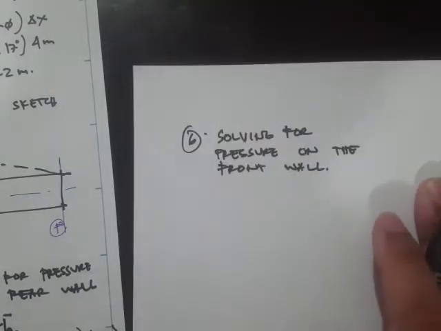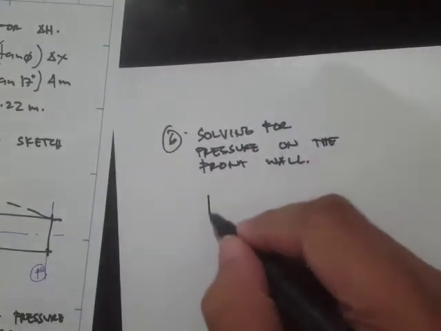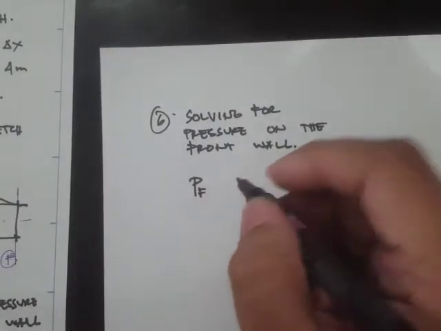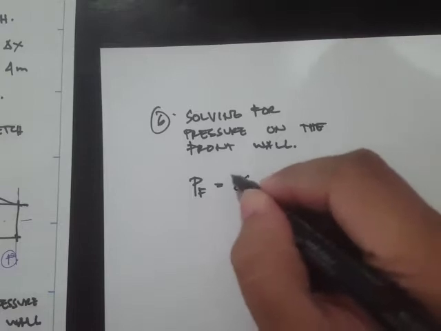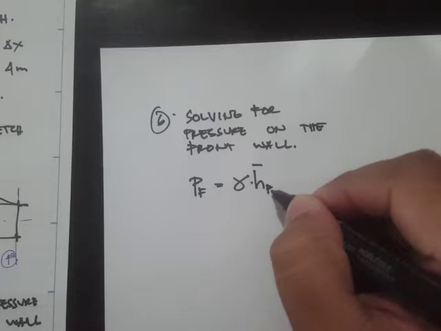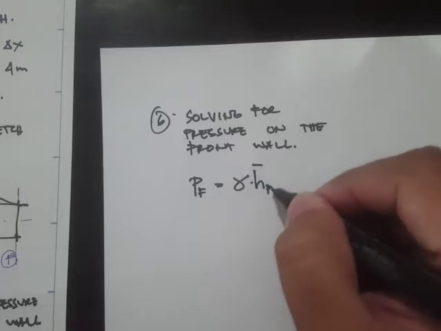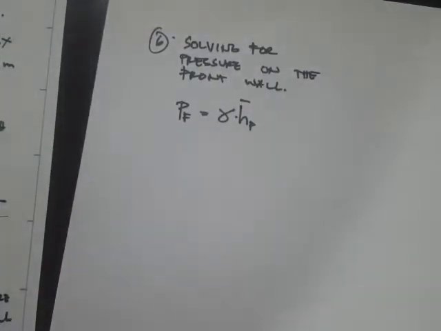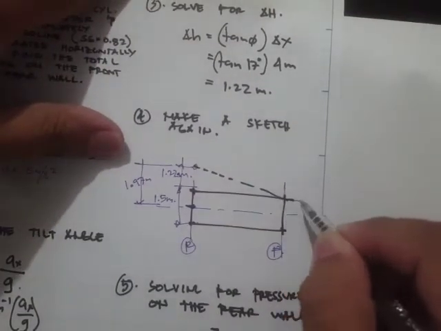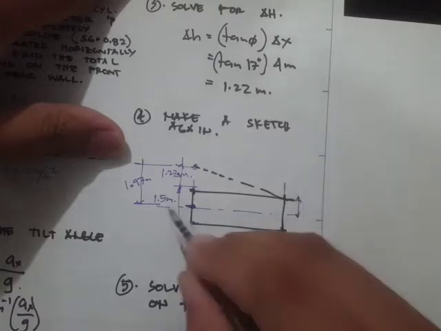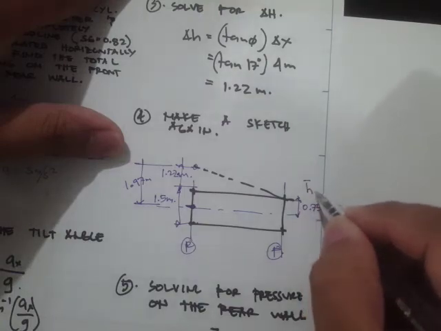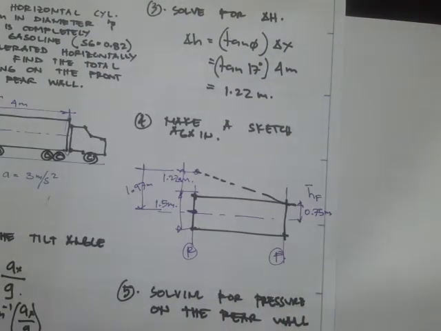Okay, so again, that's just the same procedure. So P sub F, that's pressure on the front wall, is equal to the unit weight times the height, of course, the equivalent height on the front wall. Okay, so if we refer back to this figure, this height would be, of course, just the half of 1.5, which is 0.75 meters. Okay, so this is our h bar sub f.